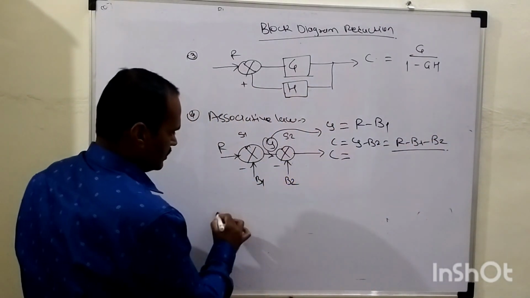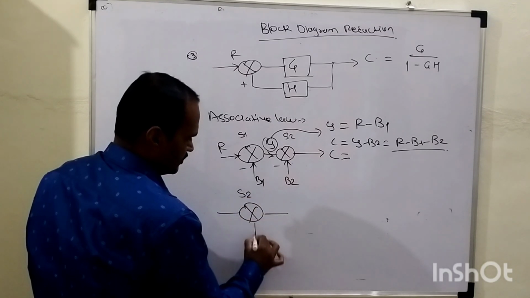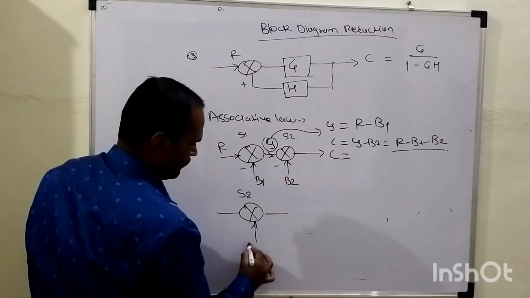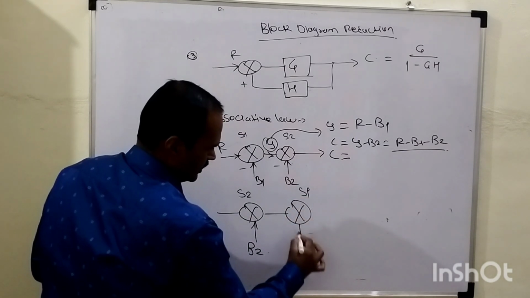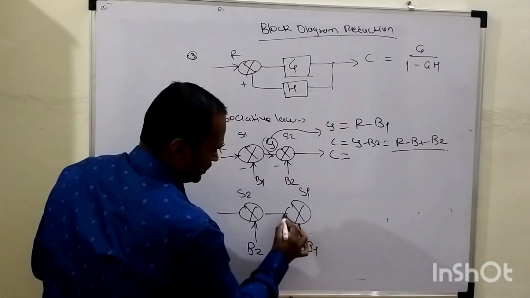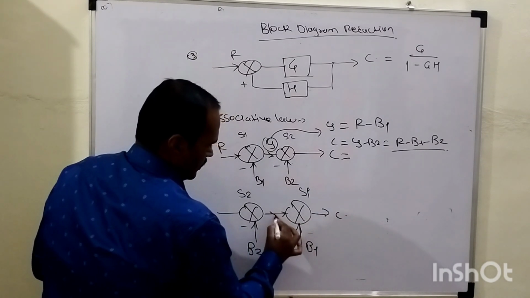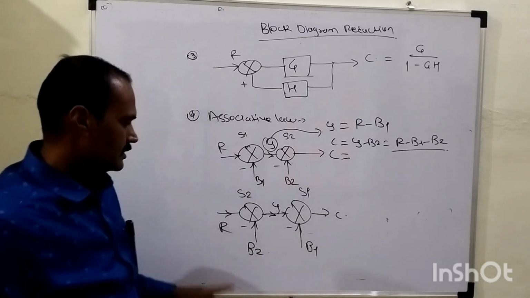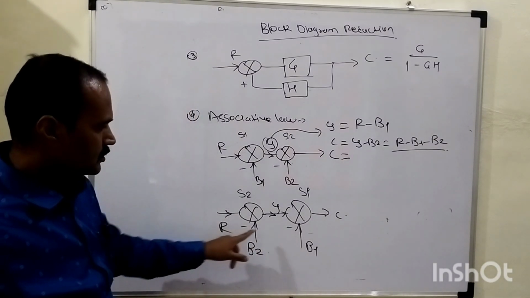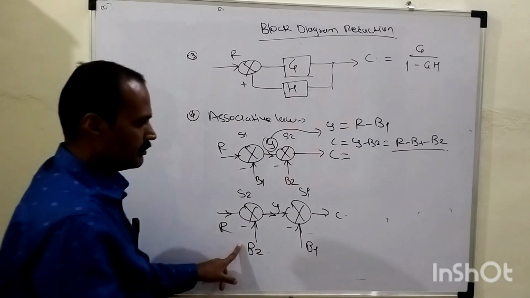So when we change the order of these two summing points like this, suppose this will be S2 here, which potential do we have? B2, and this will be the first summing point S1. So at its lower terminal we have this B1 along with this negative sign, right? This Y will remain the same, it will retain its position as it is. This is nothing but R, right? So at this stage, Y equals R minus B2.